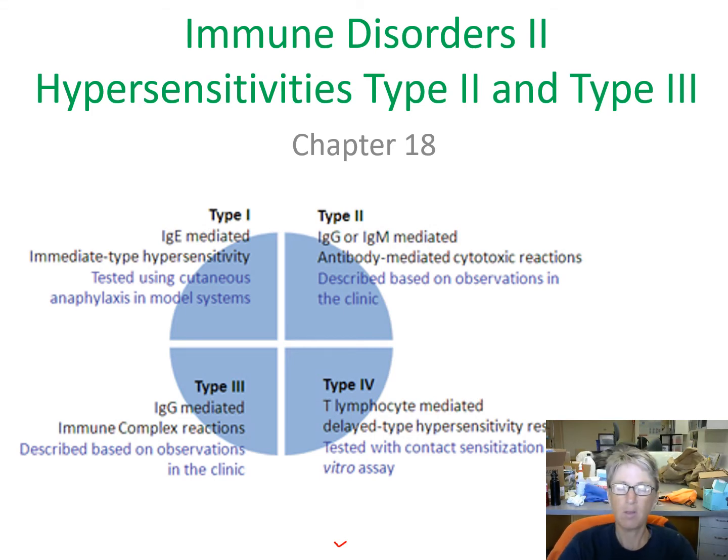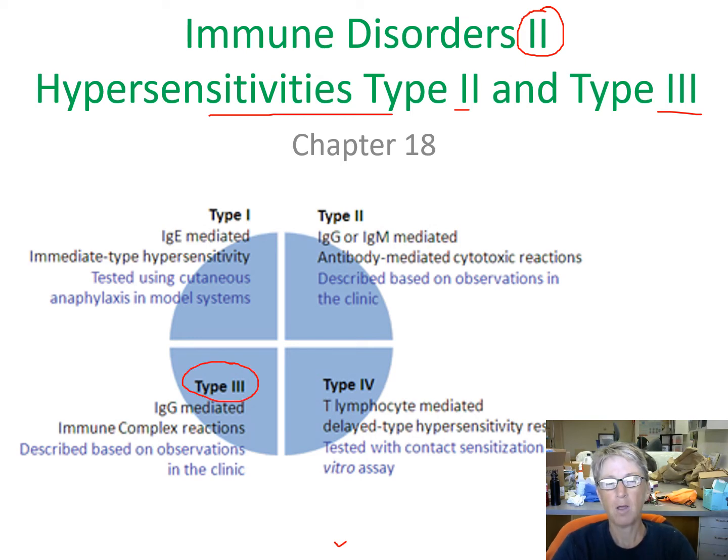So this could get a little confusing, but this is the second video for Chapter 18, but we're looking at hypersensitivities type 2 and type 3 in this video. Let's start with type 2, which is antibody mediated because it's got IgG and IgM.